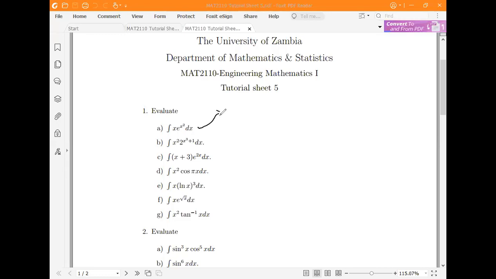So question 1a says integrate x multiplied by e to the power x squared dx. Now in integration we have how many methods? One, extended power rule.